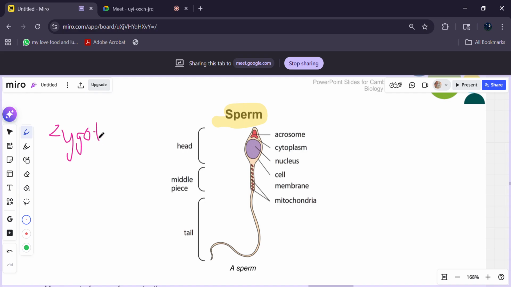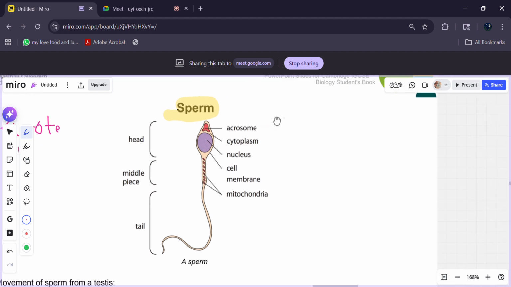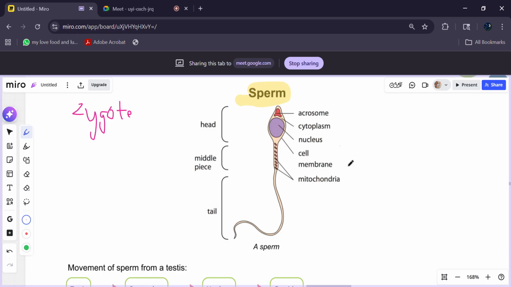Numerous of them are created throughout the life of a male, and as they become mature or older, they slowly become bigger, reaching about 60 nanometers.